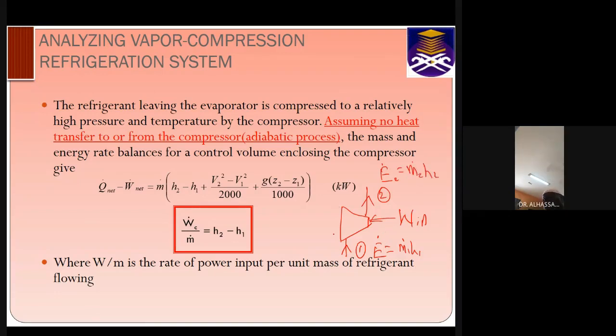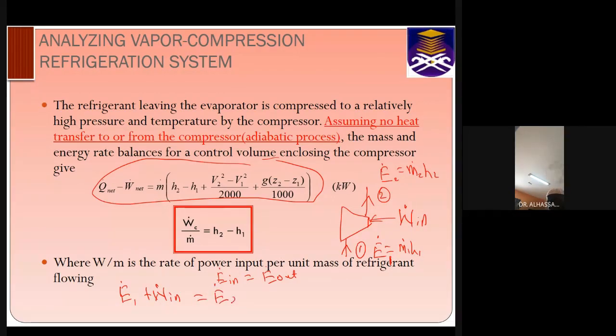So if you want to establish the energy balance without necessarily writing all this long equation, all that you need to do is that the total amount of energy in should be equal to the total amount of energy at the exit. So the energy at the inlet, we have E1, plus W in, should be equal to E2.